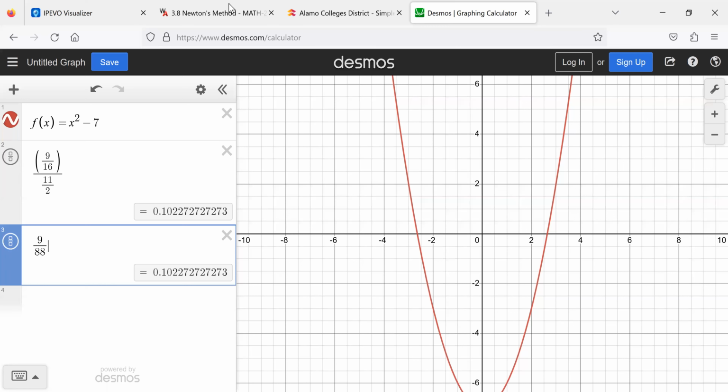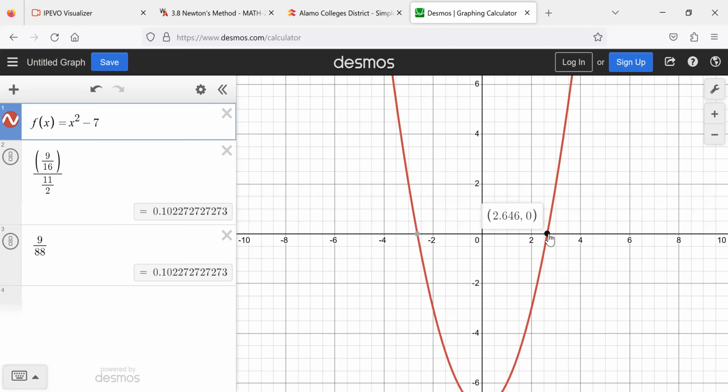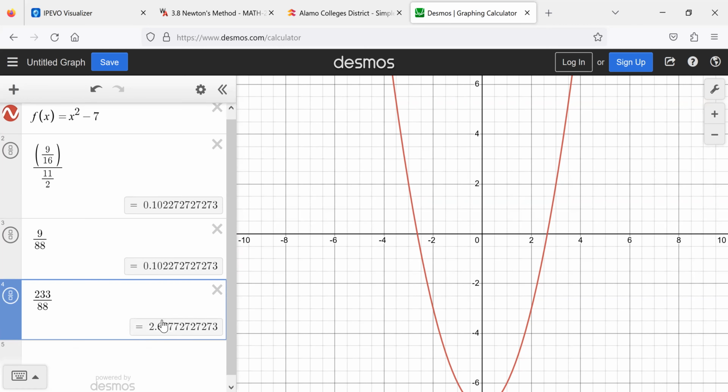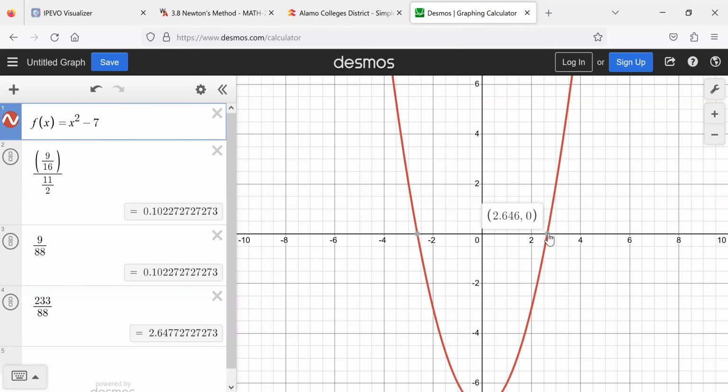That would be x3. So that would be approaching closer and closer to 2.646, right? Let's see how close it is. Yeah, check it out. It's super close. So each iteration we do gets us closer and closer, but we're pretty much almost there.